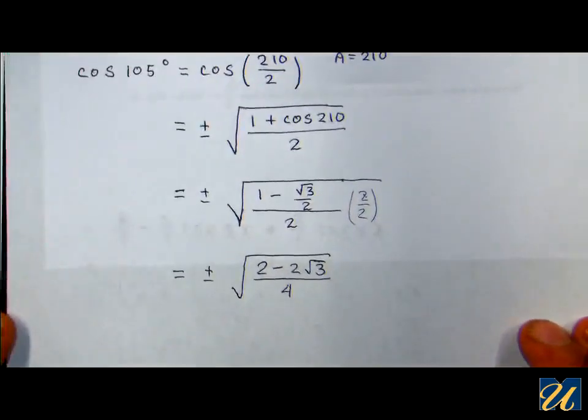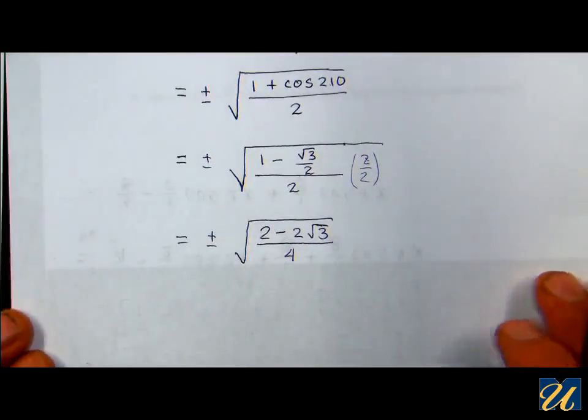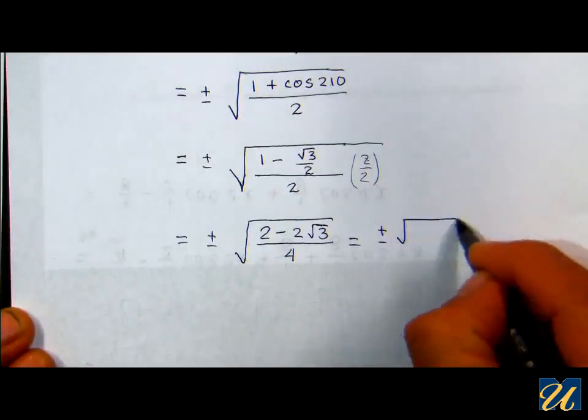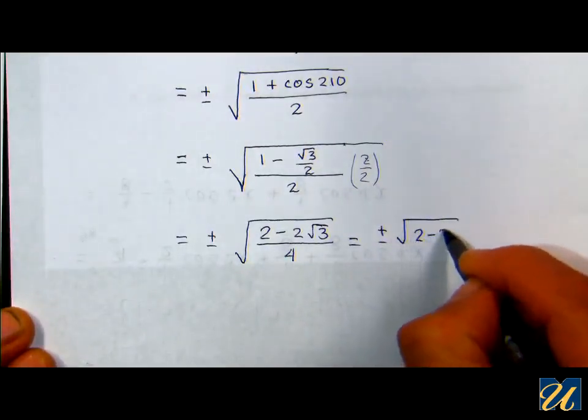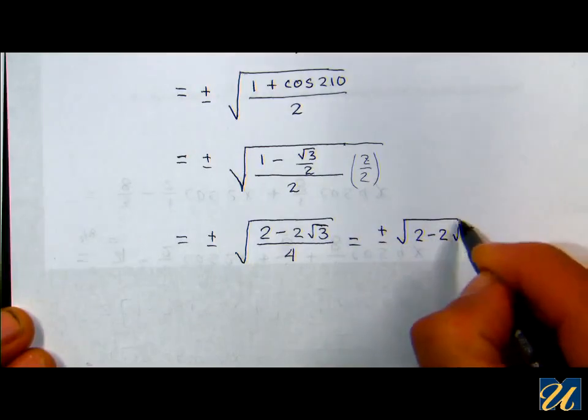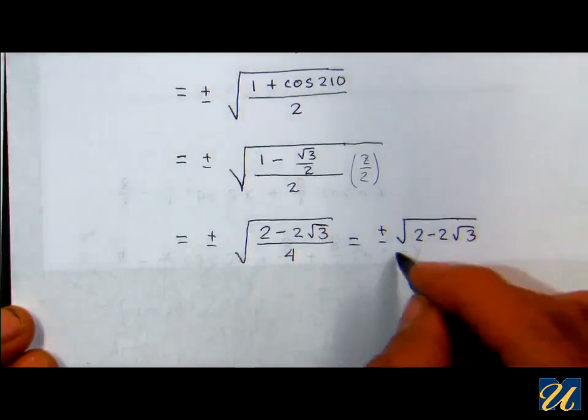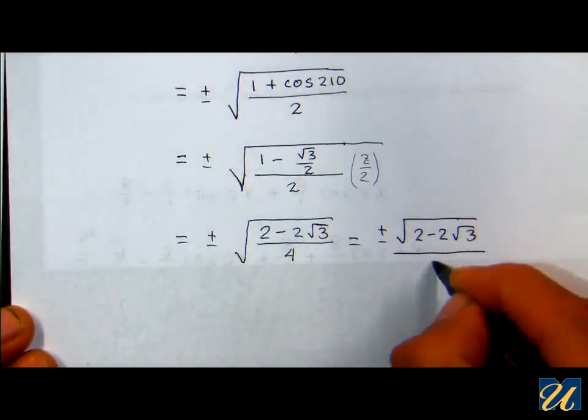Okay. Now notice we can simplify by taking the square root of the bottom there, plus or minus square root of 2 minus 2 square root 3. Yes, I know, we have a square root under the square root, and the square root of 4 is 2.